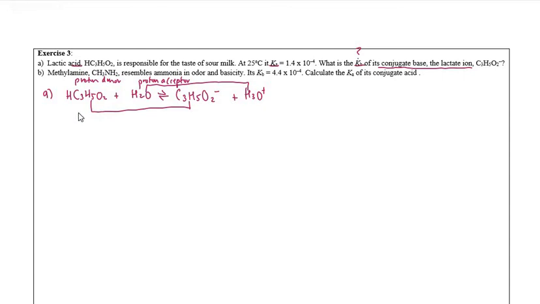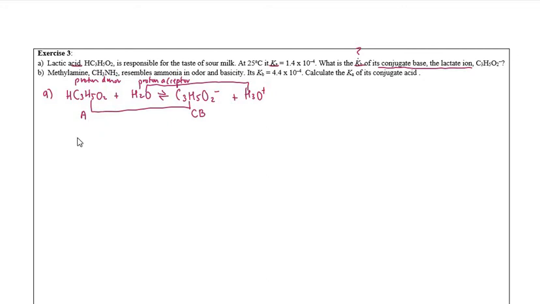So this is your acid, and its partner is named the conjugate base. That's why the lactate ion here is a conjugate base. It means it comes from the acid, the same species.